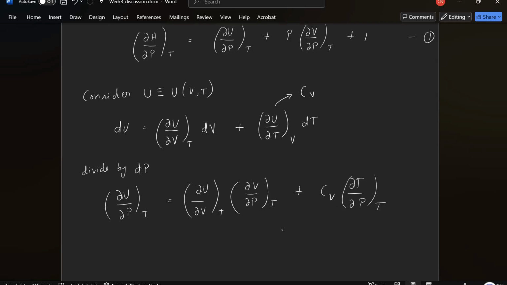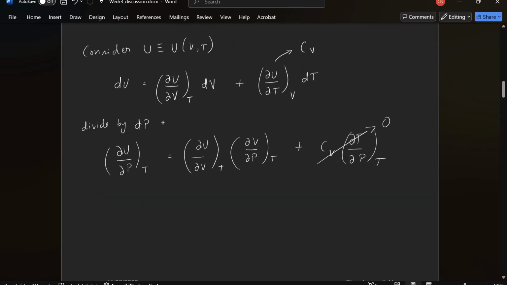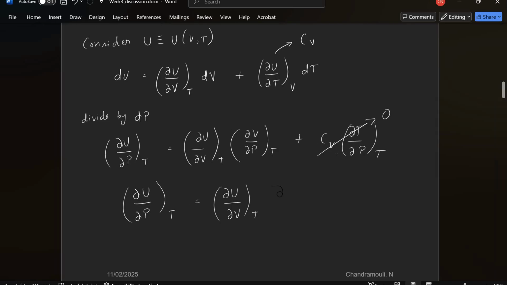Since it's at constant temperature, this term is going to be 0. So del U by del P at constant T is therefore equal to del U by del V at constant temperature times del V by del P at constant temperature. Okay, so this is equation 2.